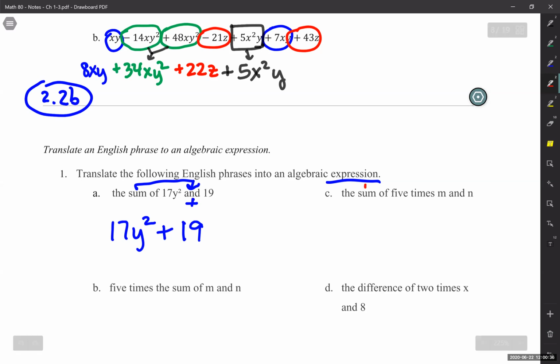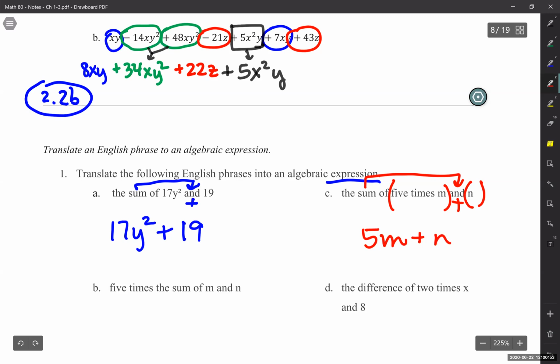So sum right there, there's our plus sign, and wherever the "of" is, this is going to be the first part, and this is going to be the second part: 5 times m and n. That and is splitting that up, and the sum of tells us where to start, and then the and tells us where the second term is.